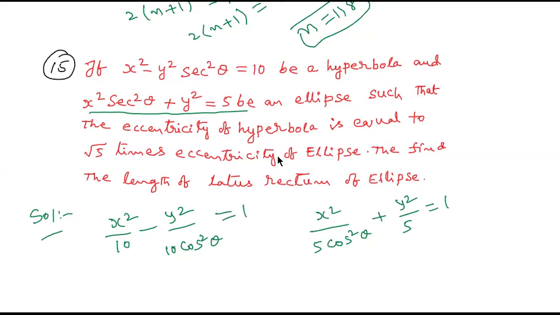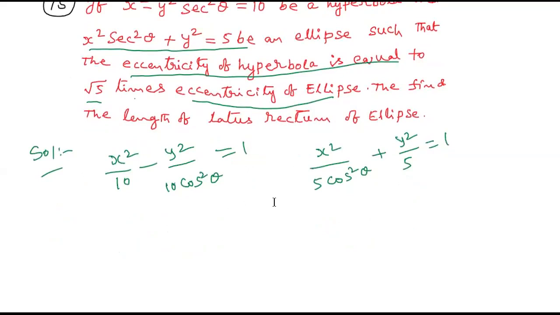And see the condition. Eccentricity of hyperbola is equal to root 5 times eccentricity of ellipse. Now, use this formula.